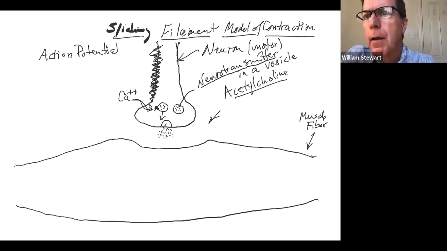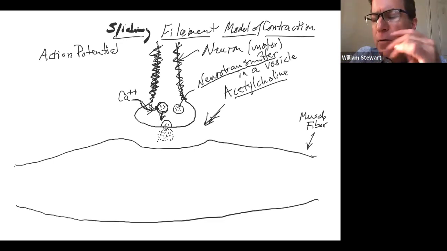So back to the beginning, the electrical impulse travels down. When the action potential reaches the axon terminal, calcium fluxes in, causes this vesicle with acetylcholine in it to migrate to the end, and the vesicle releases the acetylcholine into the synaptic cleft, this space. The acetylcholine diffuses across this space. That just means it moves from an area of higher concentration to lower concentration. And then that acetylcholine binds to receptors on the motor end plate.